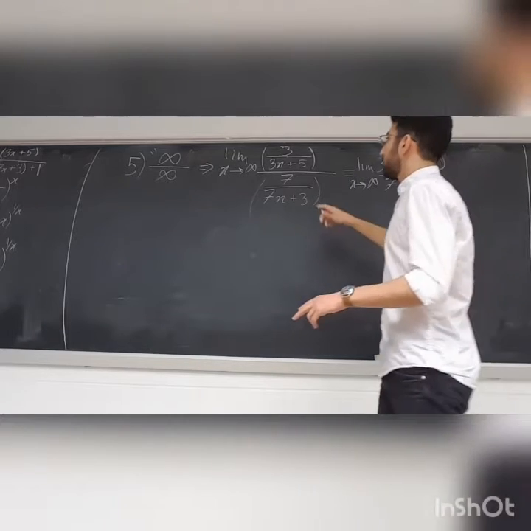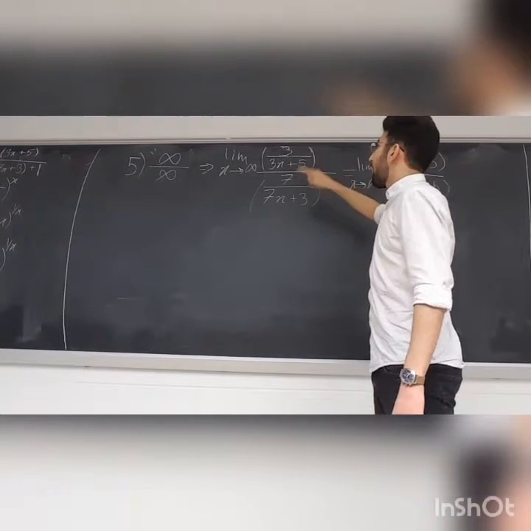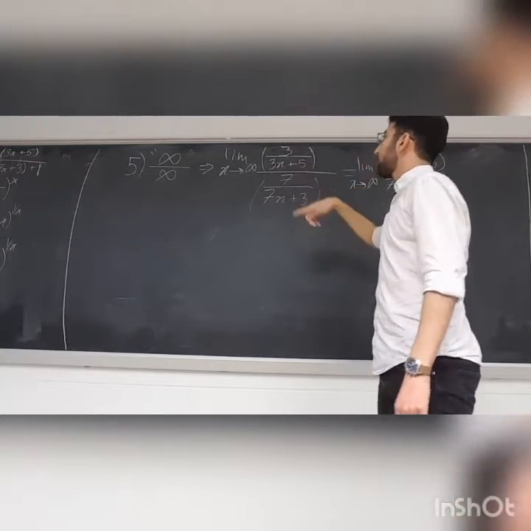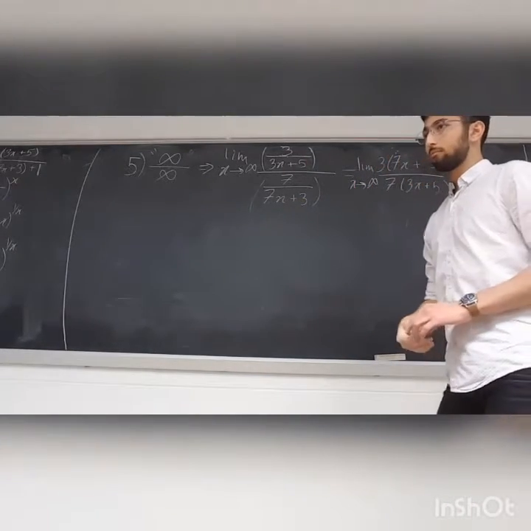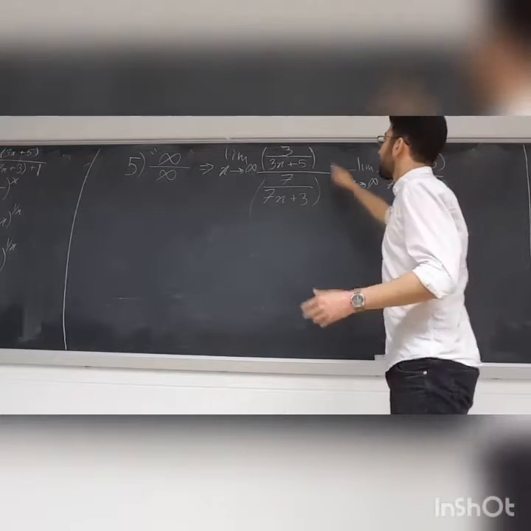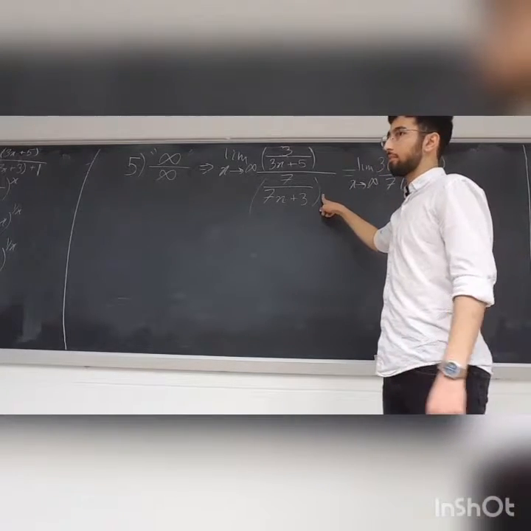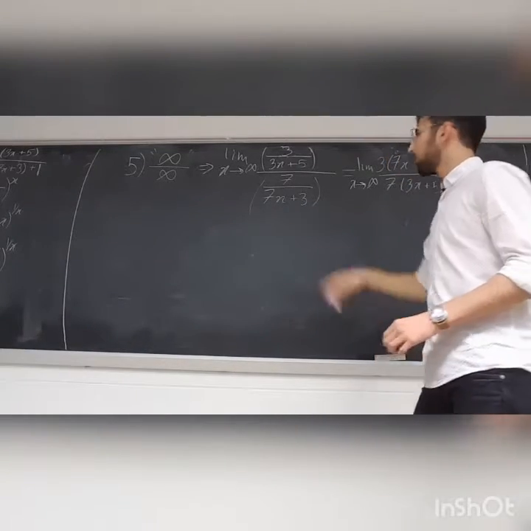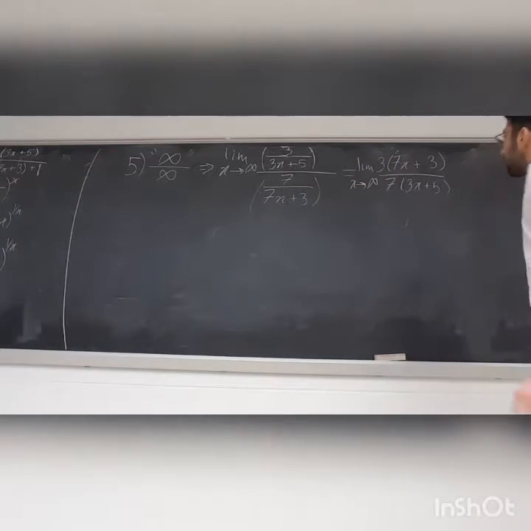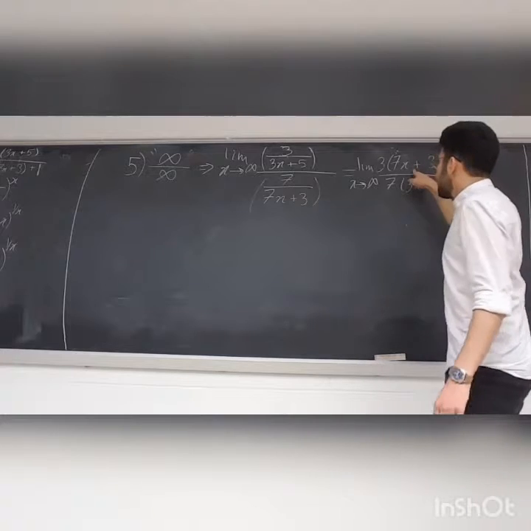For example, if I wanted to get rid of this fraction, what would I multiply this by? 3x plus 5. And then I would have to do the same thing for the denominator. Now if I wanted to get rid of this fraction, what would I do? Okay, so you get this.